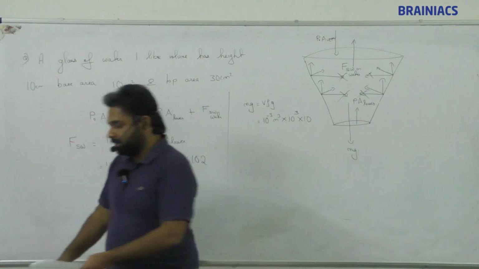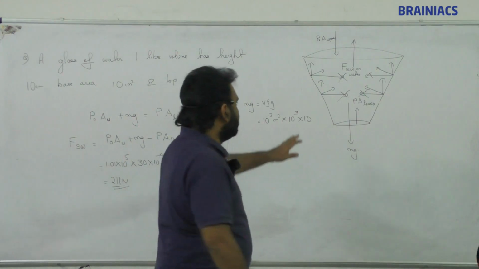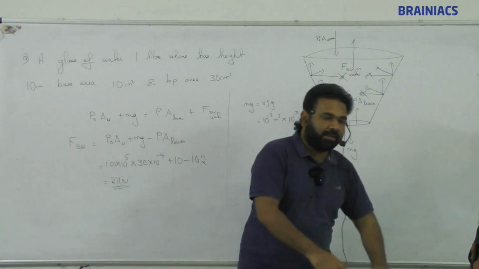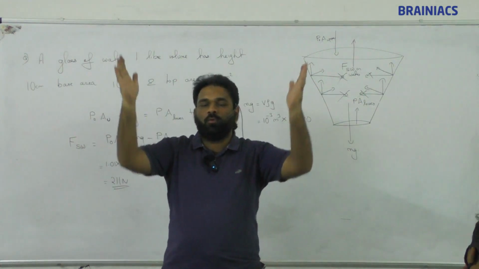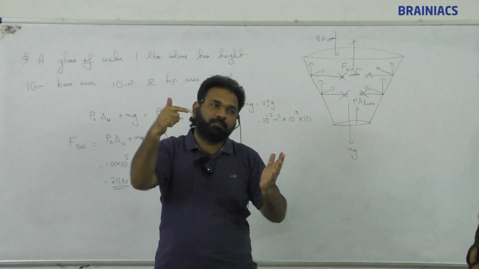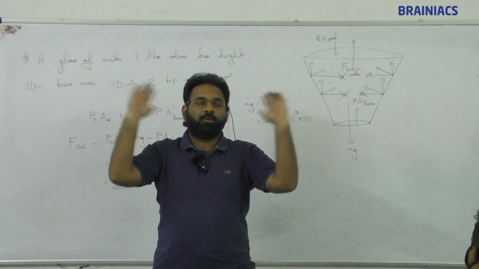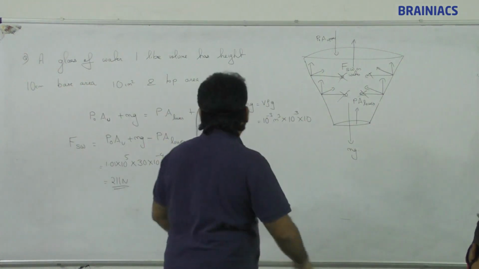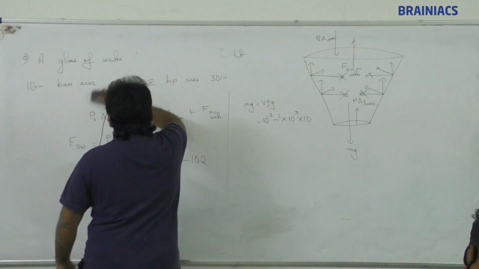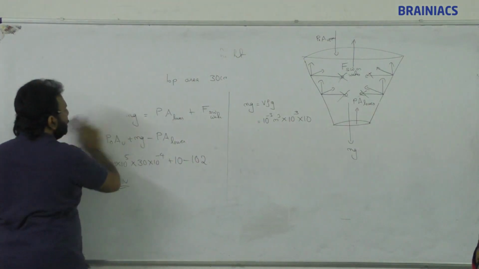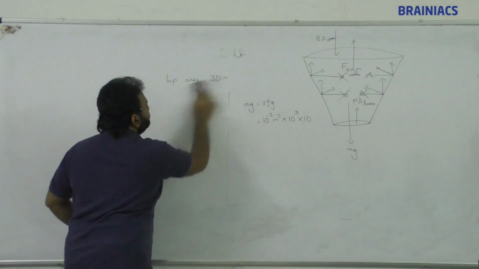So I repeat, children, look at this. What is asked is the force by the side wall on the water. When the side wall is like this, always, you might have studied in inclined planes also, all the normal forces will be acting perpendicular to the plane.